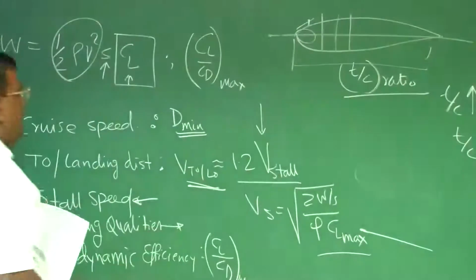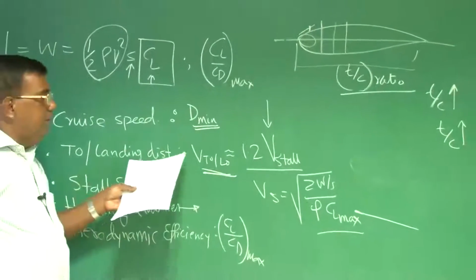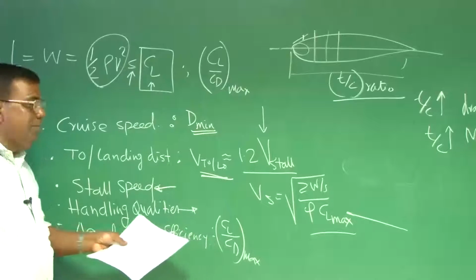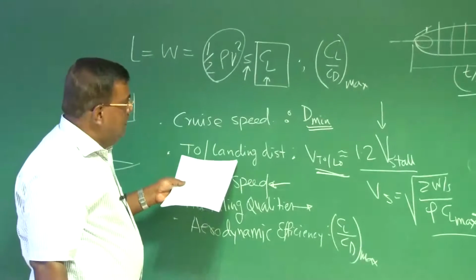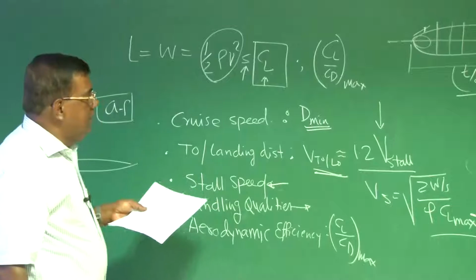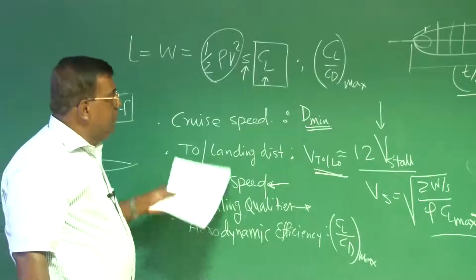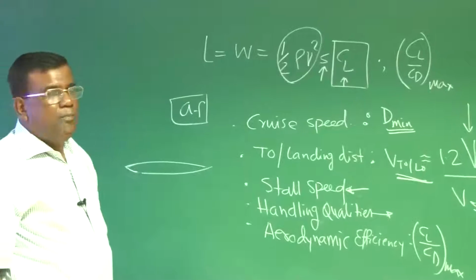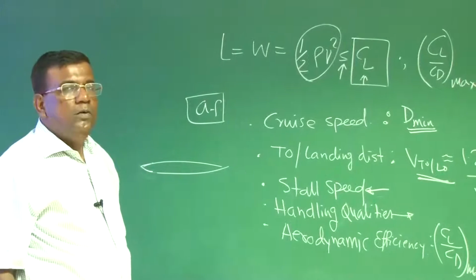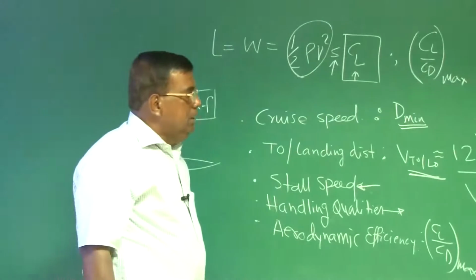It will tell what is the speed for which CL by CD is maximum, what will be its CL max I can achieve.